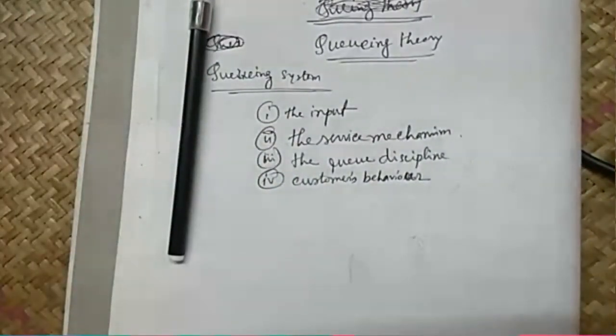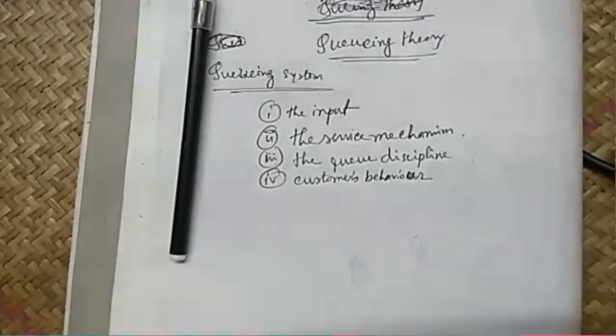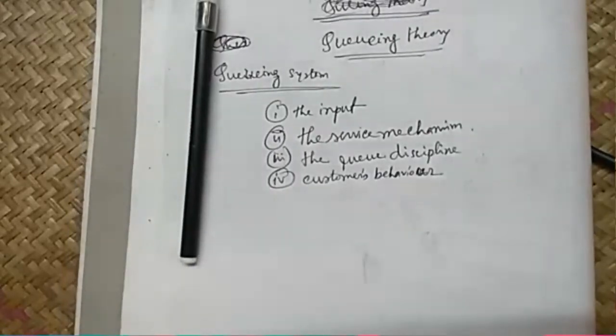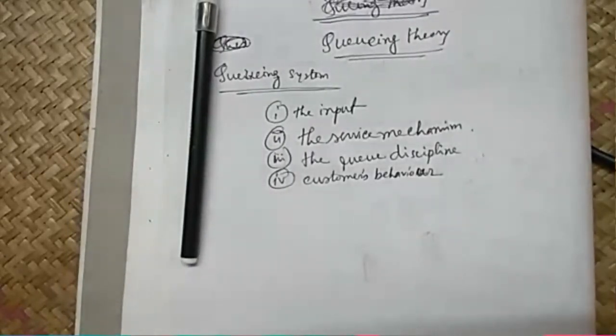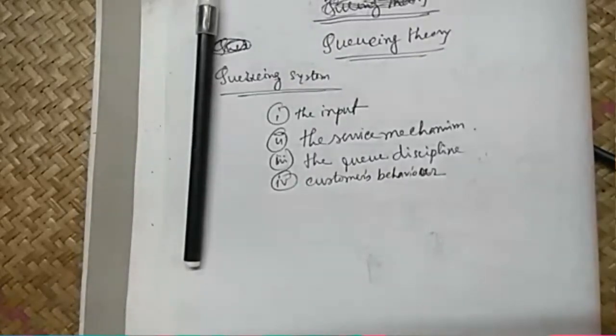Now we will discuss the service mechanism. The service mechanism means in which way the products are getting serviced. Suppose there are m number of people, or mu number of people; different notations are used. Suppose m or mu number of people are getting serviced in a particular time.